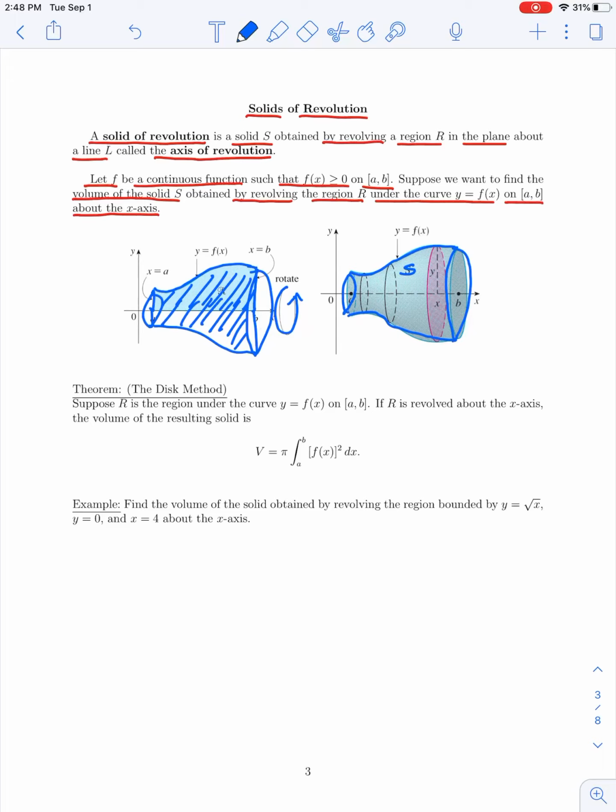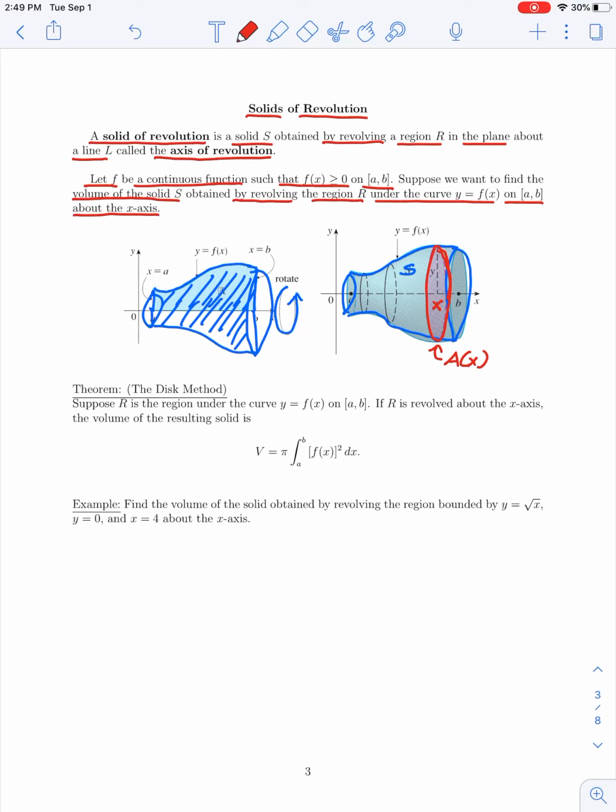Now we can see here that if we were to take a plane perpendicular to the x-axis at some value x within the interval from a to b, if I slice my solid with that plane, I would get a disc shape, and if I can find the area of that disc, then I can use the method of slicing that we talked about in the first part of this section in order to find my volume.